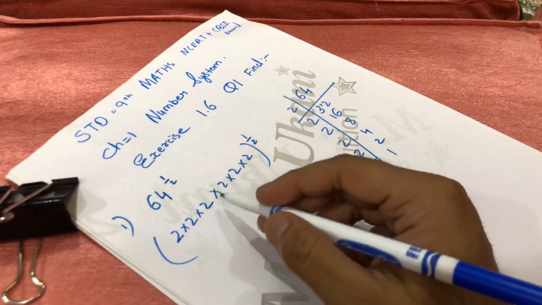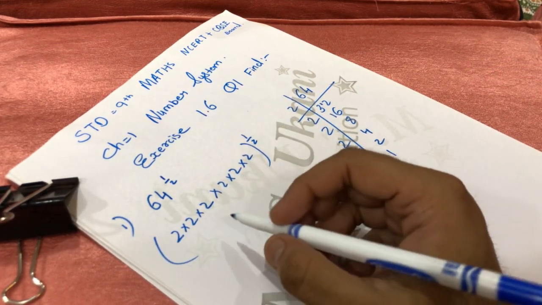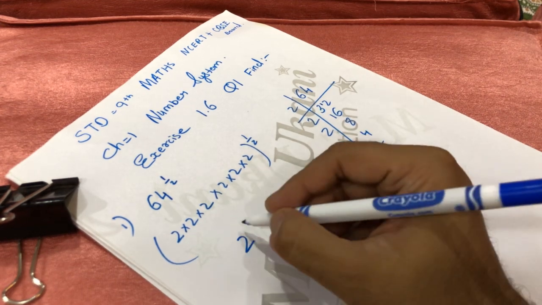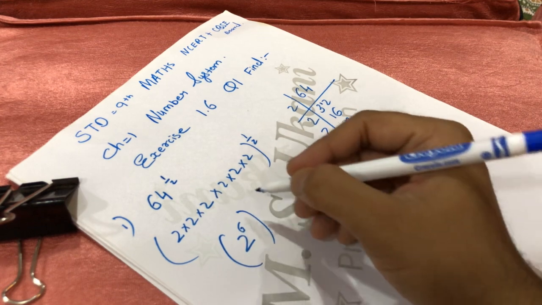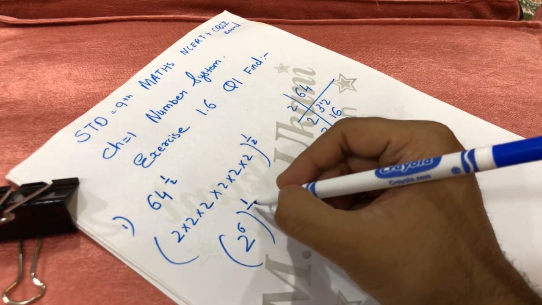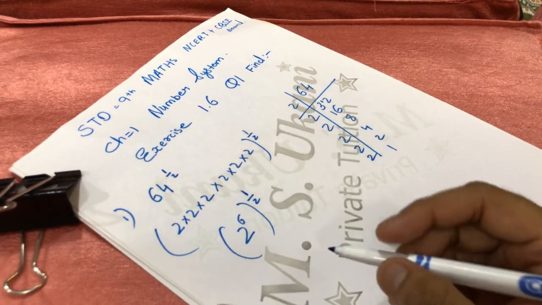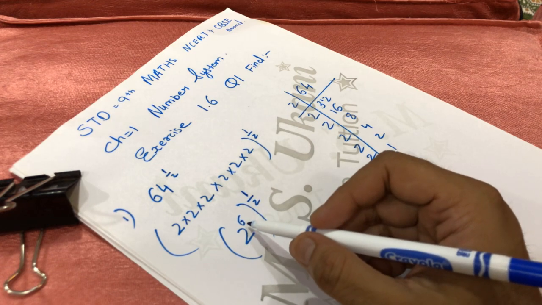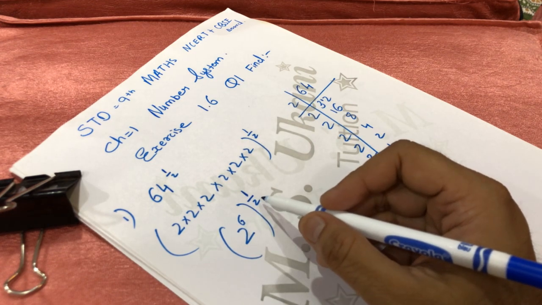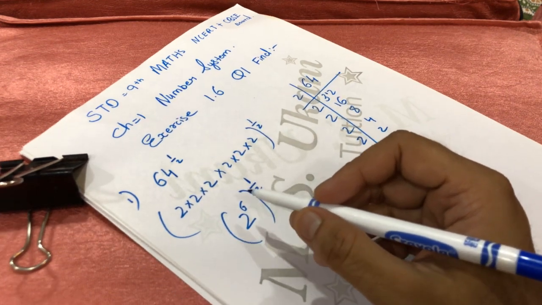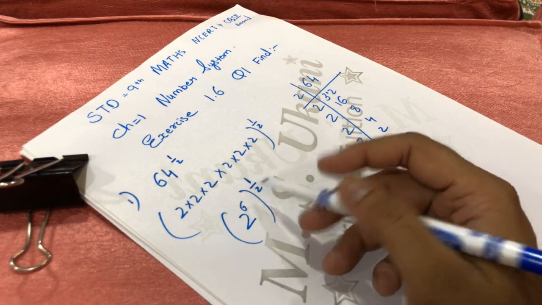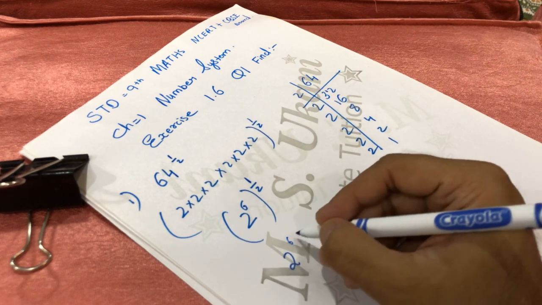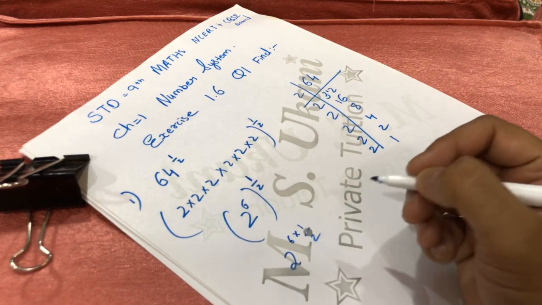Now the 2 is repeating 6 times, therefore we will write in power form 2 raised to 6, and our other power is 1 upon 2. Now one power is inside the bracket and one power is outside the bracket. So the relation between both the powers will be multiplication. So here we will write like this.